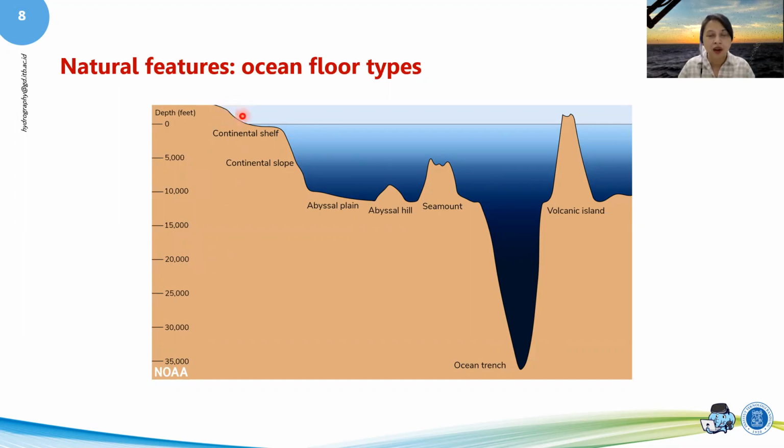So you've got your continental shelf, and then your continental slope, where you're changing from a continental crust into an oceanic crust. You've got the abyssal plain in here. You've got some abyssal hills. Abyssal hills are basically hills that are in the abyssal plain, so it's quite deep. You've got your seamounts, your oceanic trenches, and some volcanic islands.